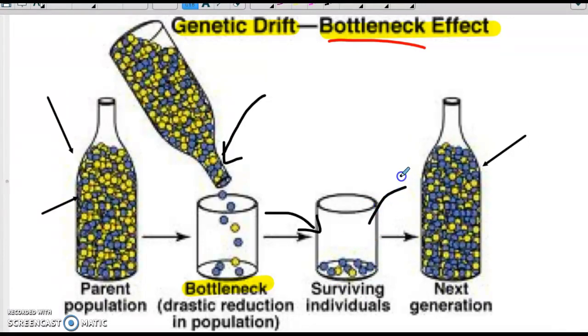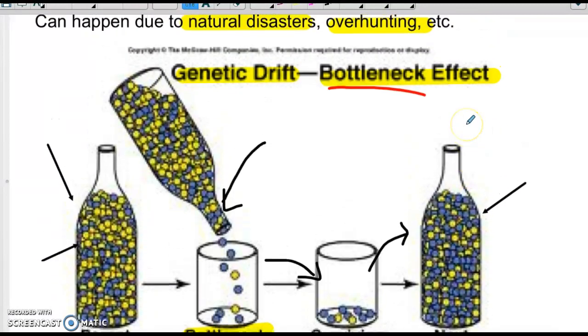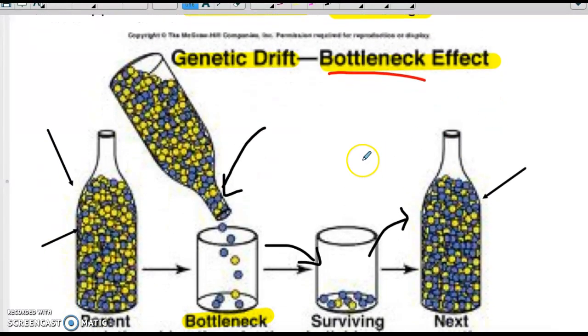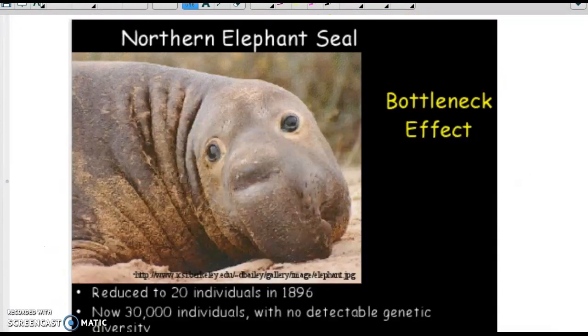And so after the next generation, you will see less of those yellow beads. What we're saying is that more of the blue genetics were passed down because those were the ones that survived in this random, drastic natural disaster. And so that could be one reason why alleles might change over time, because of this sudden, quick change in the environment over this population.